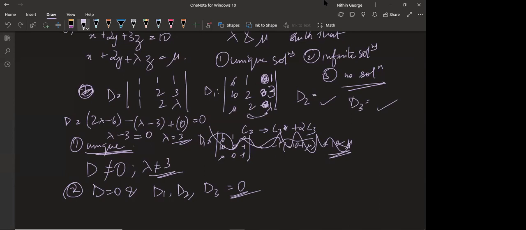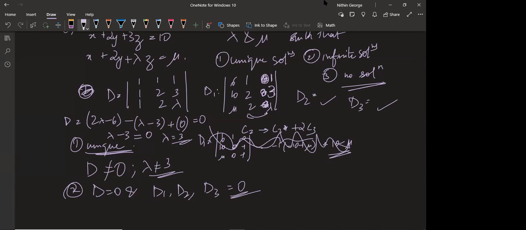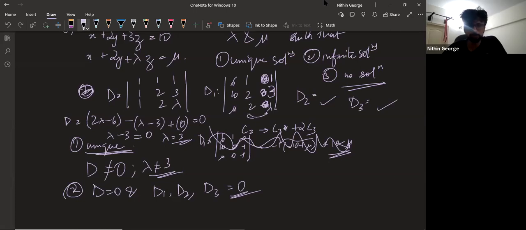Yes. D equal to 0 means lambda equal to 3. So in D1, D2, D3, just substitute lambda equal to 3 there. Since it should coincide, should mu be equal to 10? Yes, mu should be equal to 10.